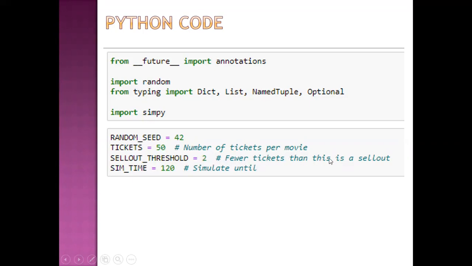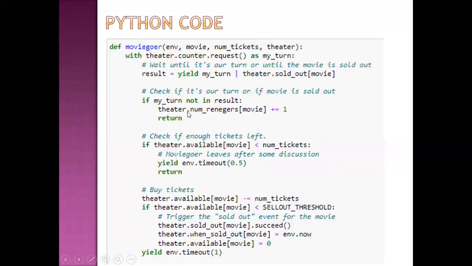So fewer tickets than this is a sellout, and the simulation time is 120. So by this time, our simulation will run. This is the definition of a moviegoer, and the moviegoer lives in an environment, and the input variables include movie, number of tickets, and theater. So this is the code.